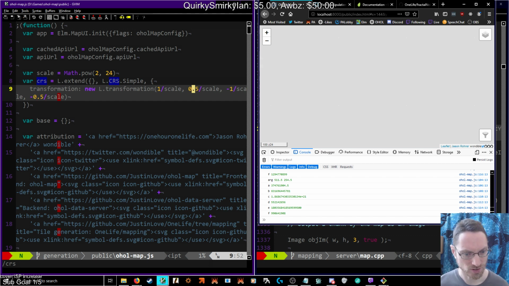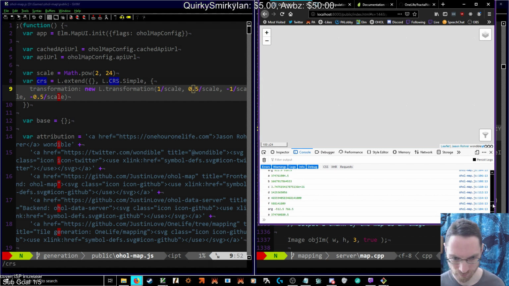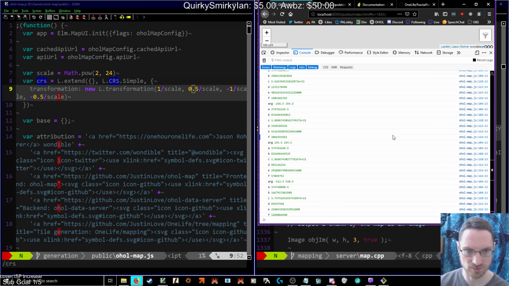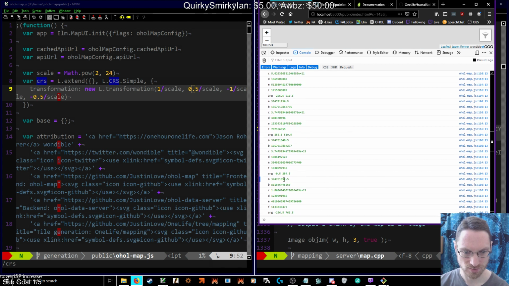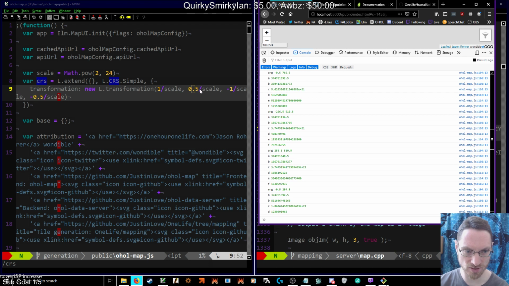Well, if we put in, I'm going to have to get to a point where I can actually see 0, 0 on here. Actually, one of these should actually be the tile for 0, 0, right? There's negative 0.5, so it's going to need to add 0. So it's going to be in this direction.